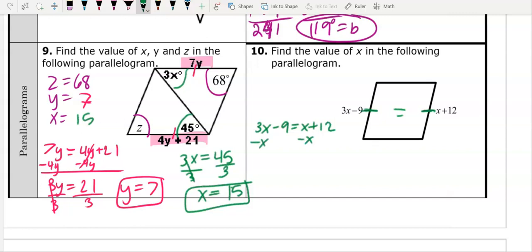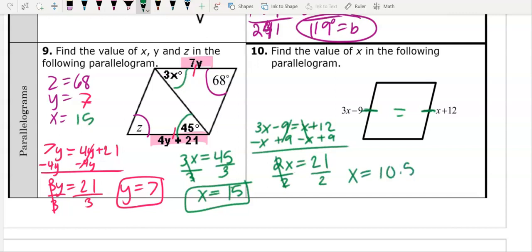We subtract the smaller x from the bigger x. So in number 10, x equals 10.5.